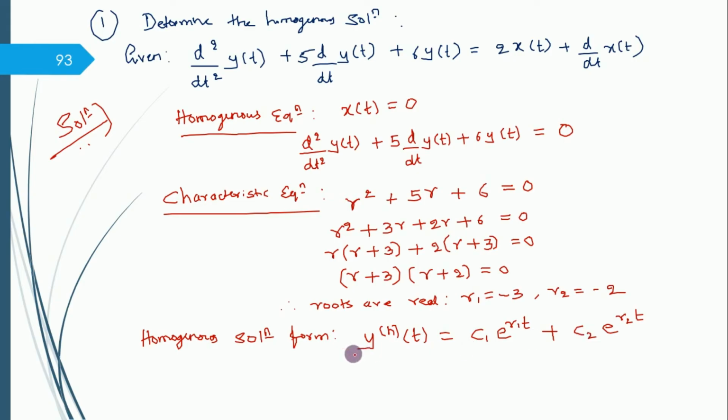Now I substitute r1 and r2 here. The final homogeneous solution for this problem gives us C1 into e raised to minus 3t plus C2 e raised to minus 2t. So this is your final answer, the homogeneous solution.